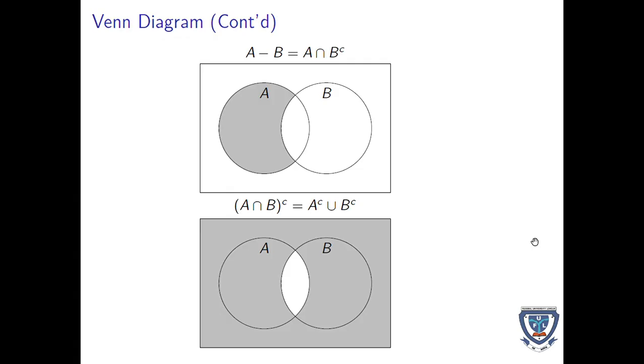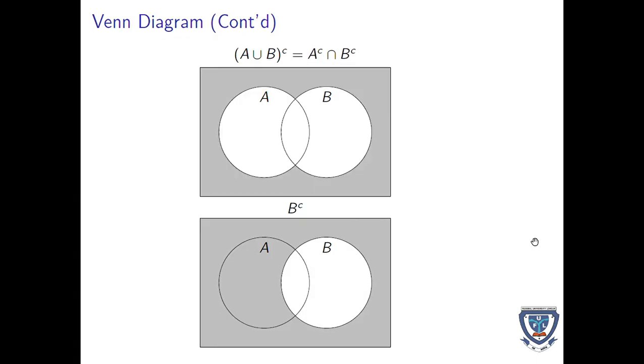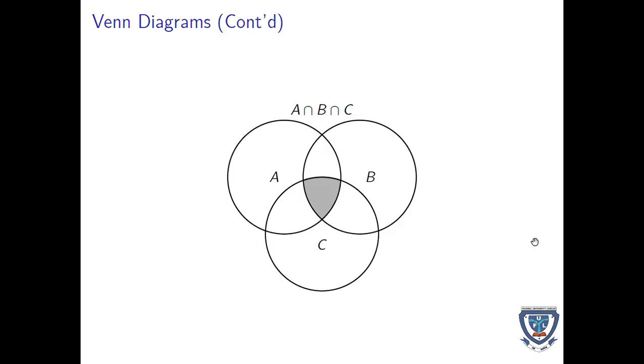You may also be required to shade A intersection B, complemented, which is equivalent to A complement union B complement. This is how we shade them. We have so many representations here, such as A union B complement and B complement. We also have an extended form of the Venn diagram, the one that has 3 circles in it.